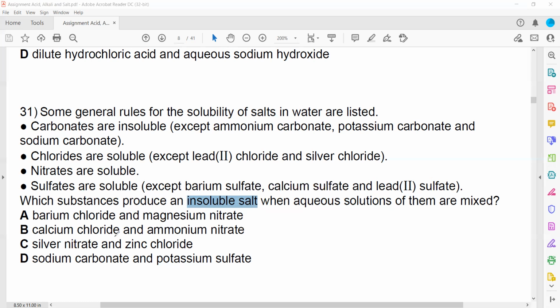When silver nitrate is added to zinc chloride, it will form zinc nitrate and silver chloride. So silver chloride will be insoluble. We want to prepare an insoluble salt, so that's why C is the right answer. And when sodium carbonate reacts with potassium, all group 1 salts are soluble, so it will not form any insoluble salt.